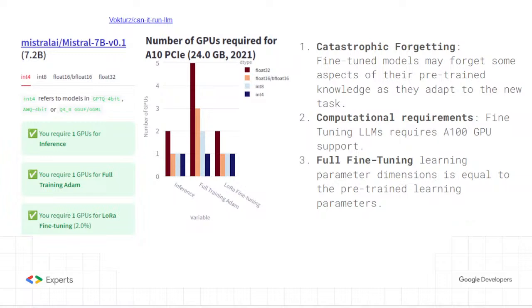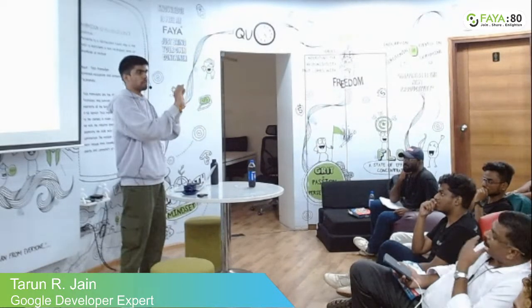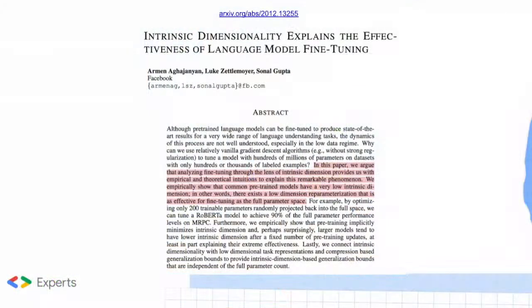It was inspired by a paper called Intrinsic Dimensionality Explains the Effectiveness of Language Model Fine-Tuning. What this paper says is there is an intrinsic dimension. That means whatever weights you have, you can use a smaller dimension of the weights. If I have to explain this in a very simple way, when you are building a neural network, I hope everyone knows neural networks, right?